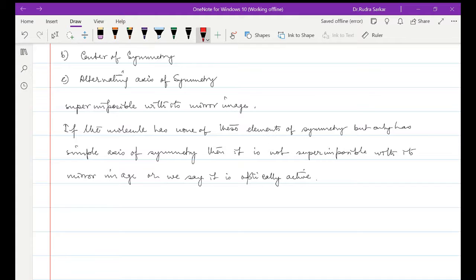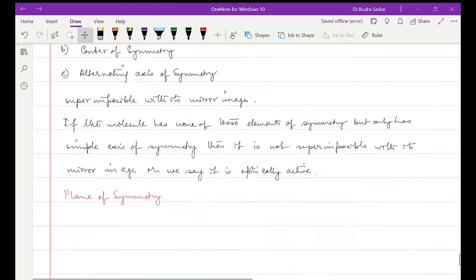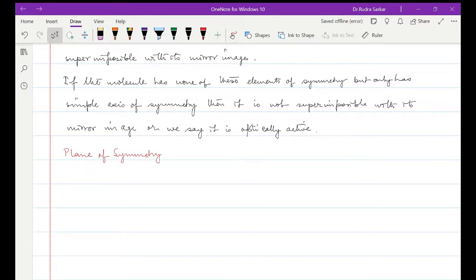Now, let us first discuss what is this plane of symmetry. Okay. So for that, let us take some alphabets.